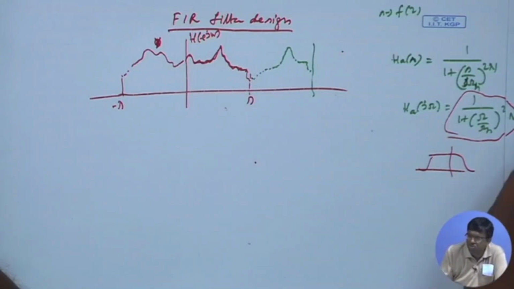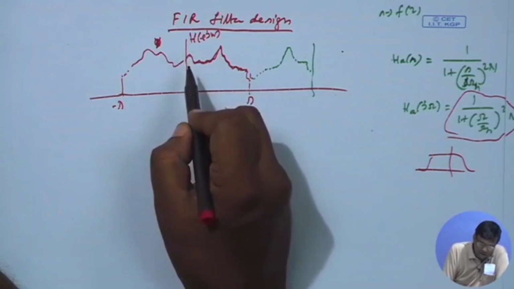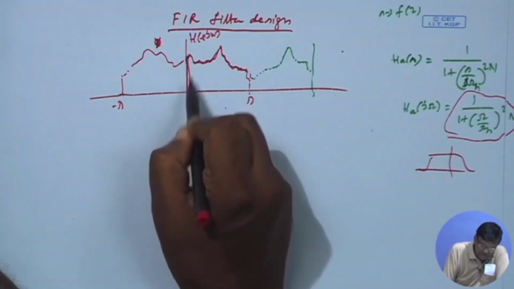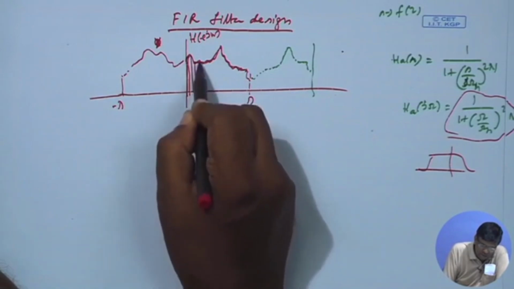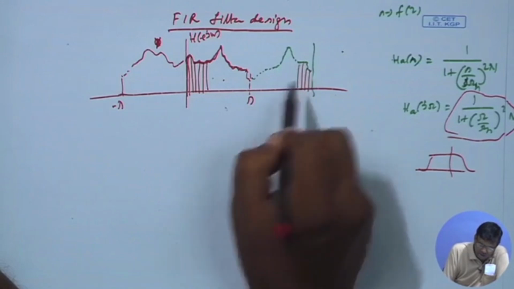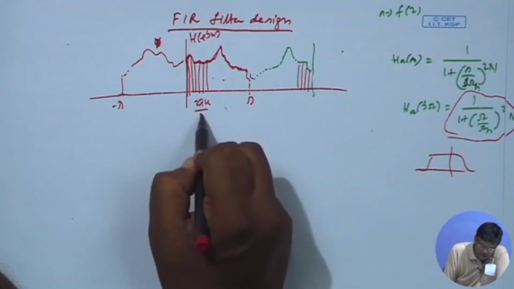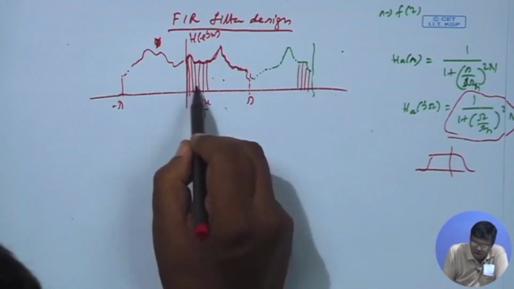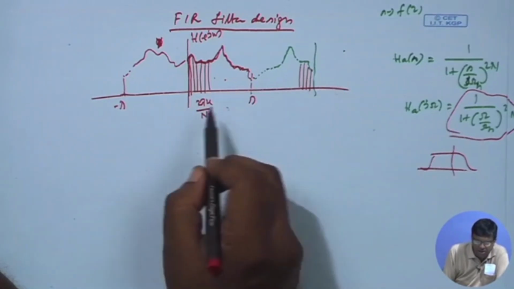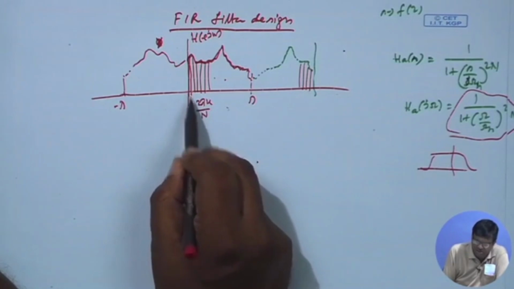The only way to go about it is then to go directly for the FIR domain. In the FIR case, suppose I take this, I sample them very close to each other. So, those will be my DFT. The sampling is at 2 pi k by N, N I take to be very large. N is the number of coefficients, very large, so 2 pi by N is very small.